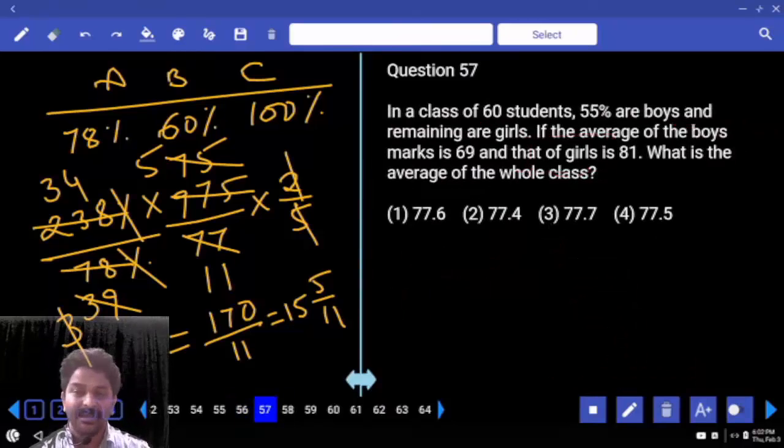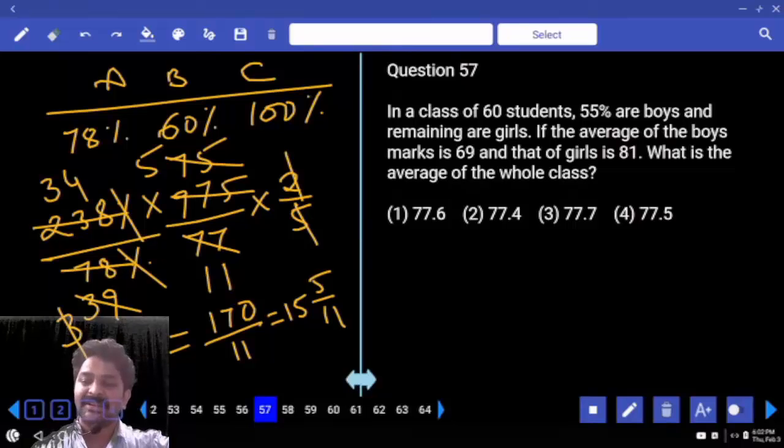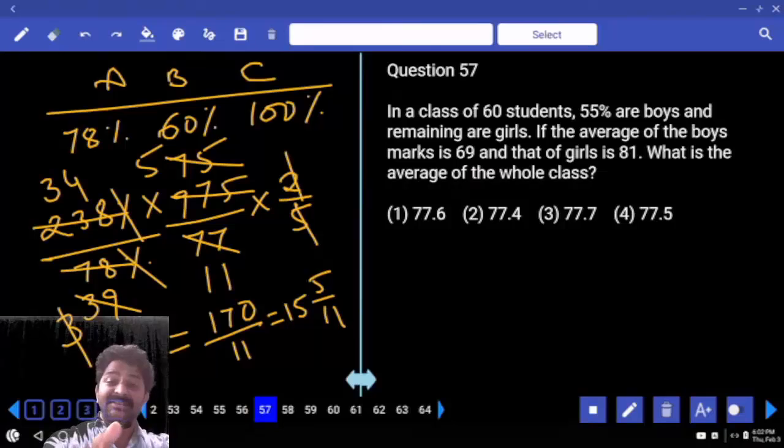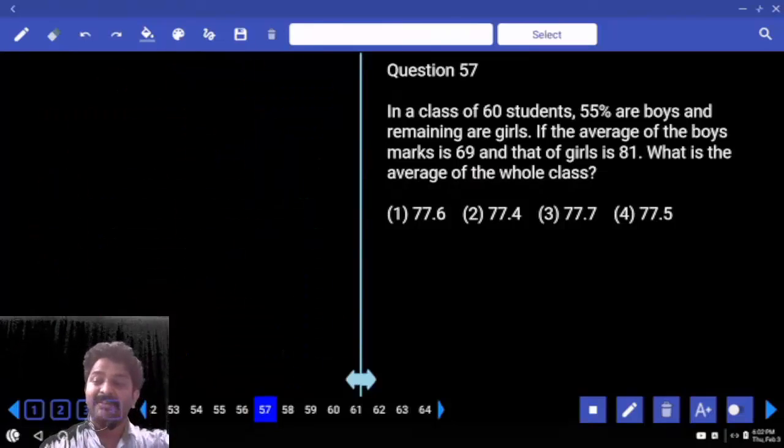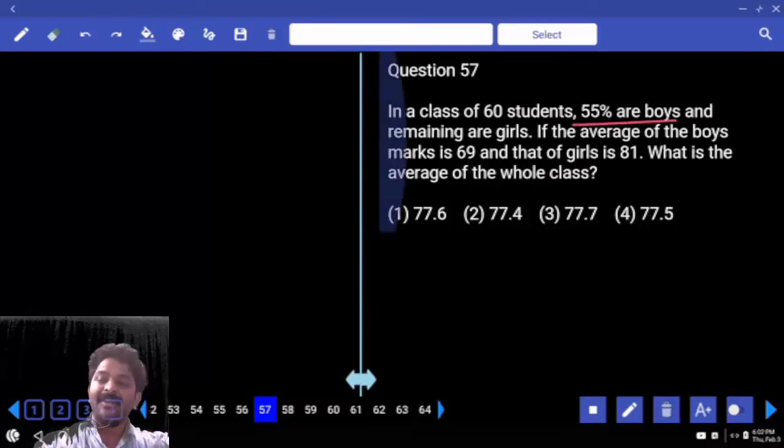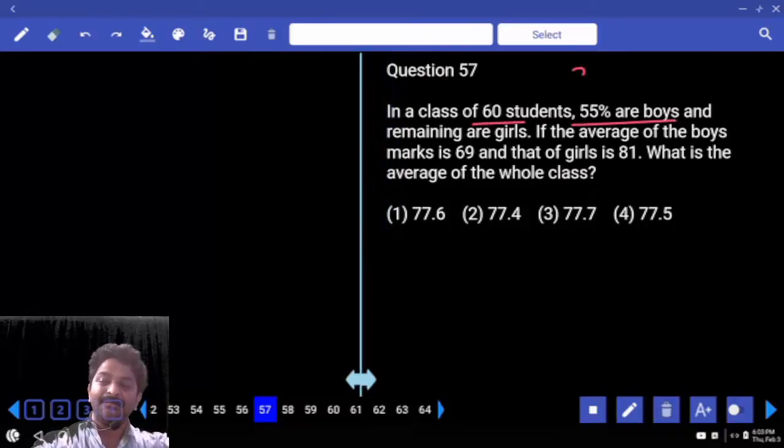Next, in a class of 60 students, 55% are boys and the remaining are girls. If the average of the boys' marks is 69 and that of girls is 81, what is the average of the whole? To do it properly, take 55% of 60 members, which is 33.